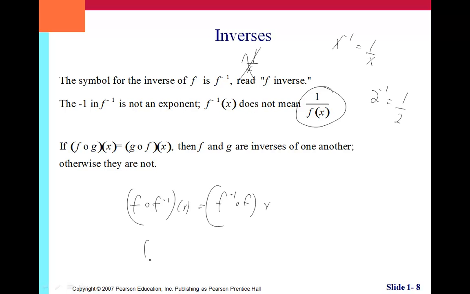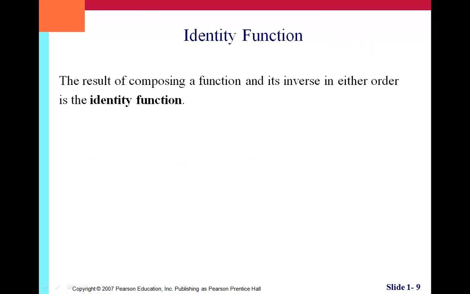Or if you like my notation, with the parentheses in here, that's going to be the same thing as f inverse of f of x, like so. As long as those things are inverses of each other, these are going to actually be the same function. If you compose something with its inverse, it gives you the identity function.